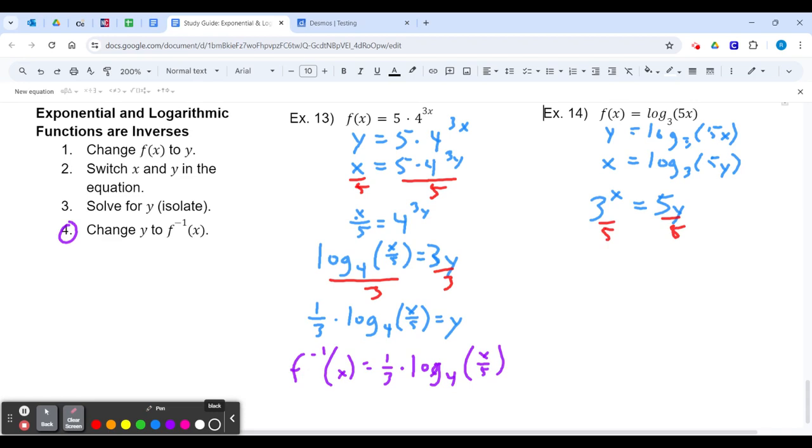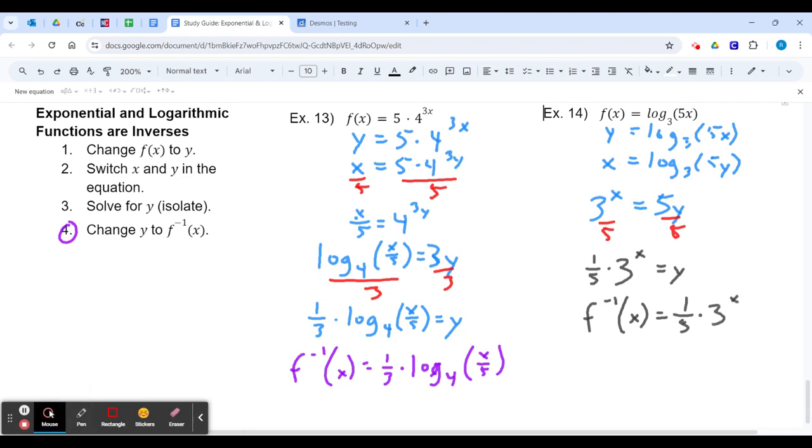Either way is okay. I'll do that 1/5 again just to stay consistent. So 1 over 5 times 3 to the x power equals y. So that means that our inverse notation, inverse of x, is equal to 1/5 times 3 to the x.